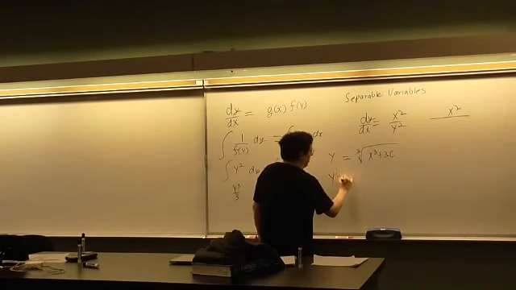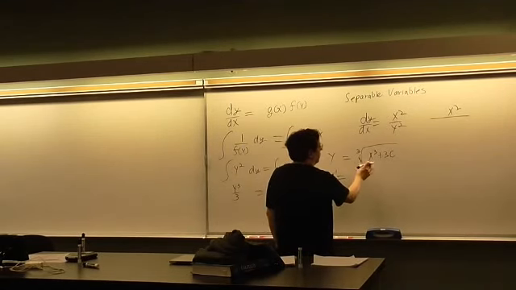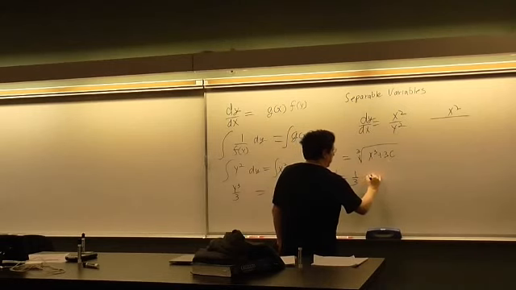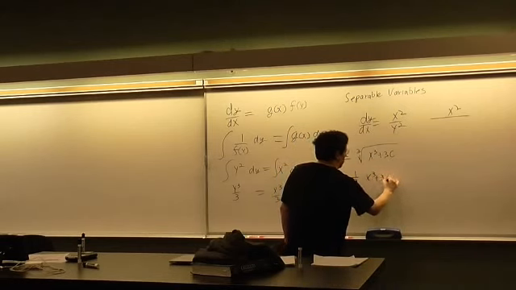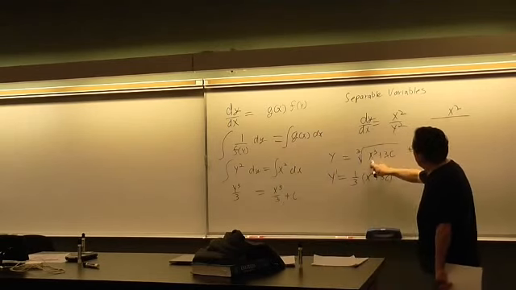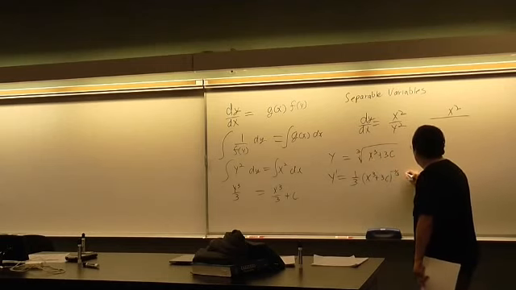So y prime is, this is all this to the 1/3, so it's 1/3 x cubed plus 3c to the negative 2/3 times the derivative of this, which is 3x squared.